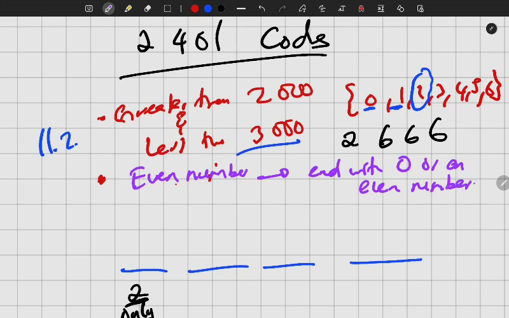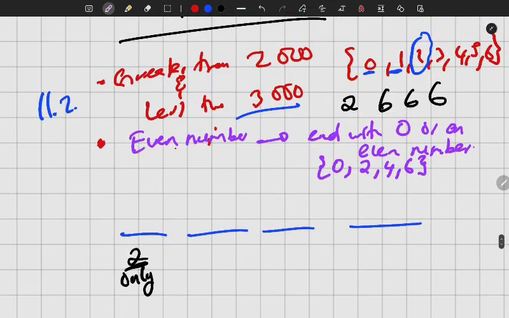If it ends with 7, it's not going to be even. Can it be 1? No, 1 is not even. So it can be 0, 2, 4, or 6. On the last position, we've got 4 options: 0, 2, 4, 6.